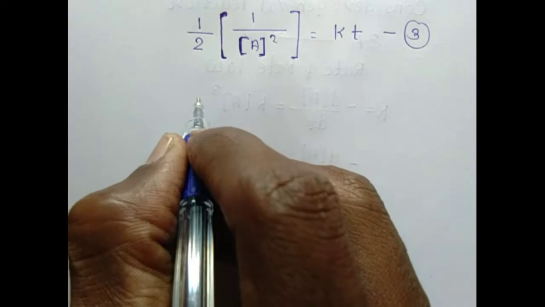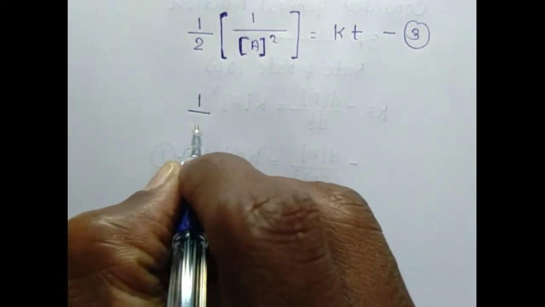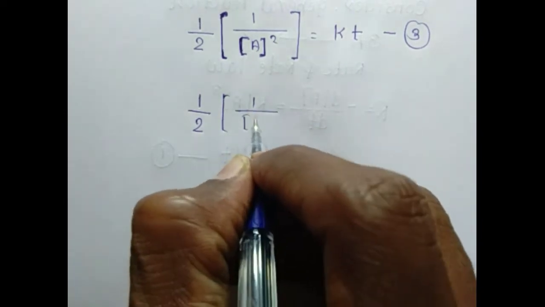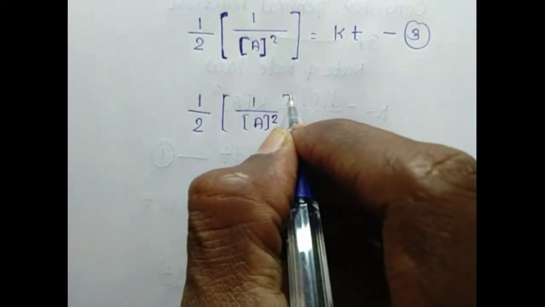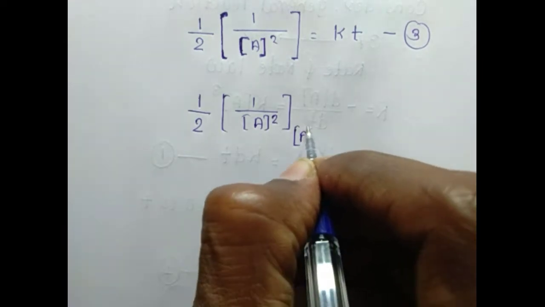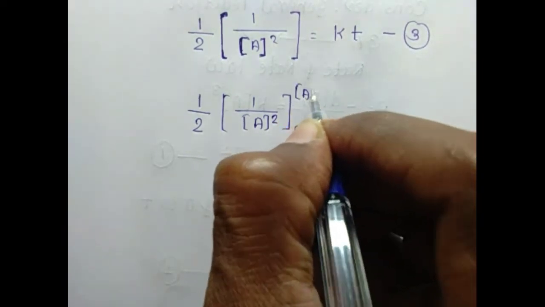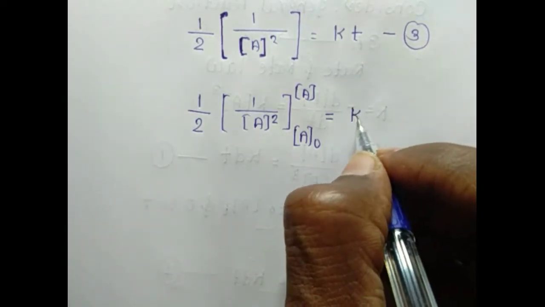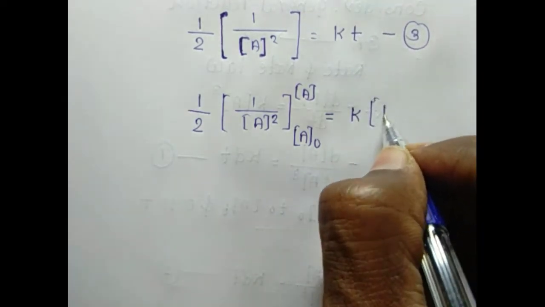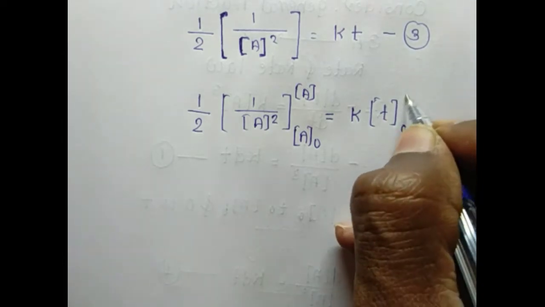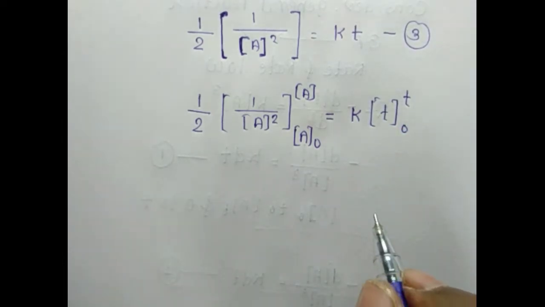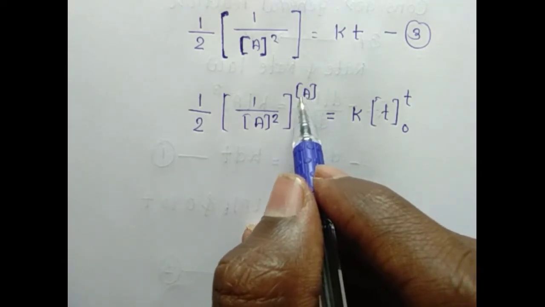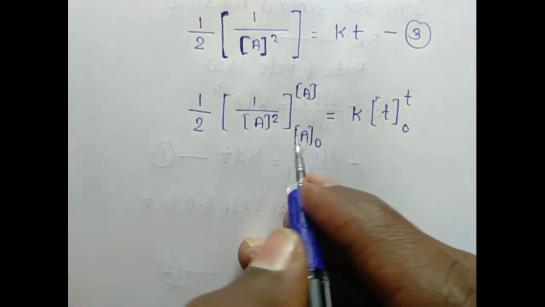Equation number 3 between the limits: 1 half into bracket 1 upon A square between the limits A0 to A is equal to K into t between 0 to t. Now we use the upper limit first and then the lower limit.